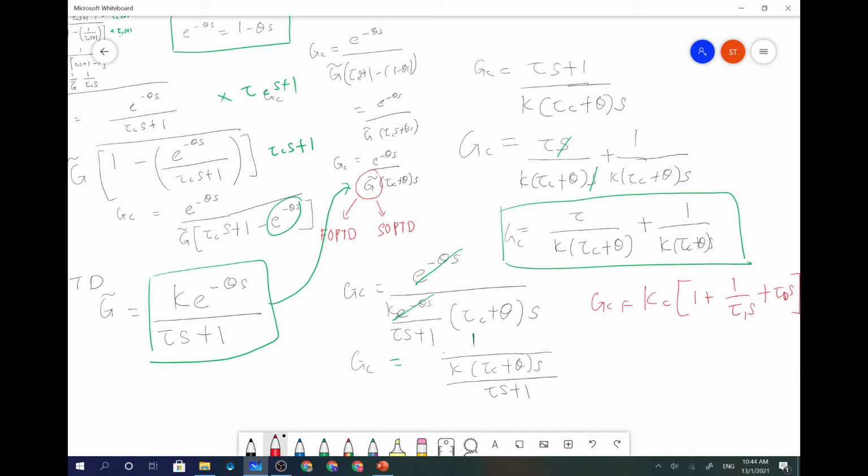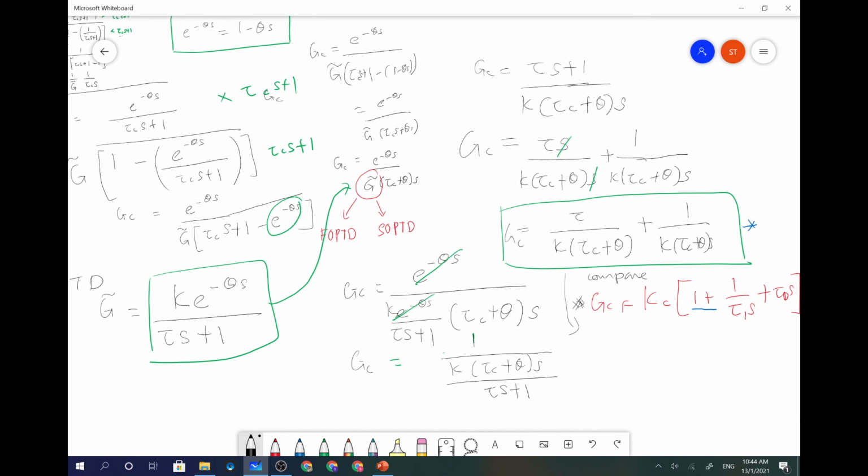In order to compare, the first thing that you have to see is, it is here 1 plus. So here you have to factorize, in order to compare with this one.